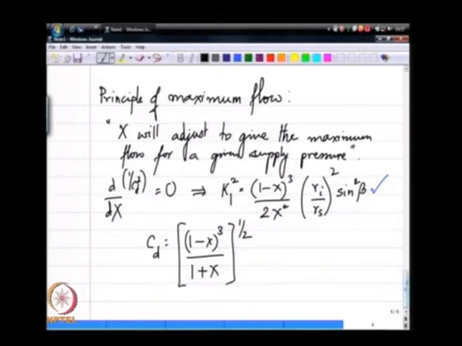So, if I give you a C d, here is a nice expression that gives you the value of x, the value of the air core diameter.